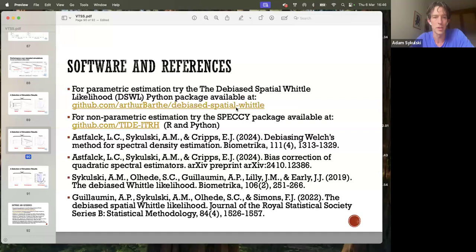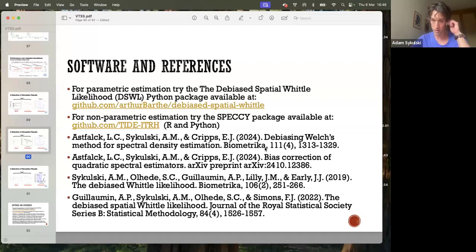Then this is just to round up with some software and references. So for parametric estimation, we have a debiased spatial Whittle likelihood Python package. And then for the non-parametric estimation I showed you today, we have both an R and Python package called Specky, which is available here under this GitHub account.